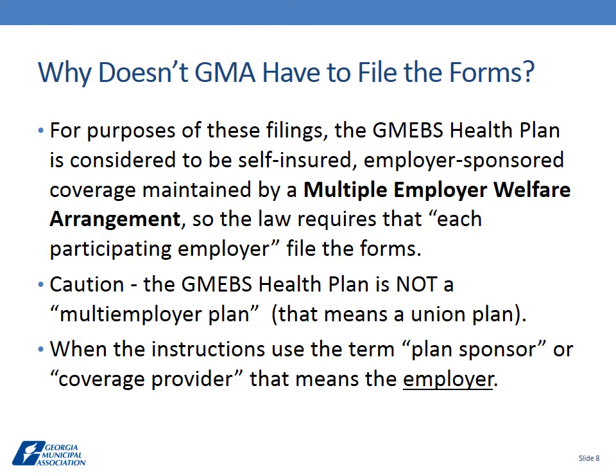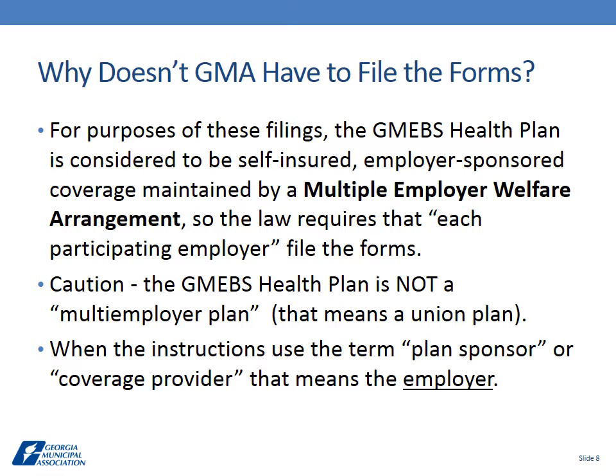So why doesn't GMA have to file the forms if it has the information? Well, for purposes of these filings, the GMEB's health plan is considered to be a self-insured, employer-sponsored coverage maintained by a multiple employer welfare arrangement, and the law requires that each participating employer file the forms. You may see the term multi-employer plan in the instructions or in other materials.